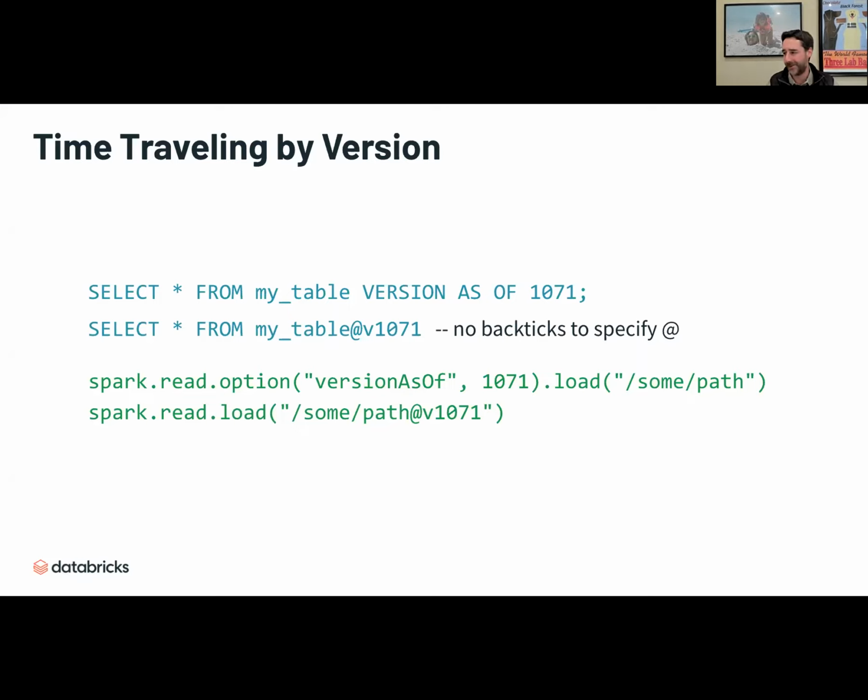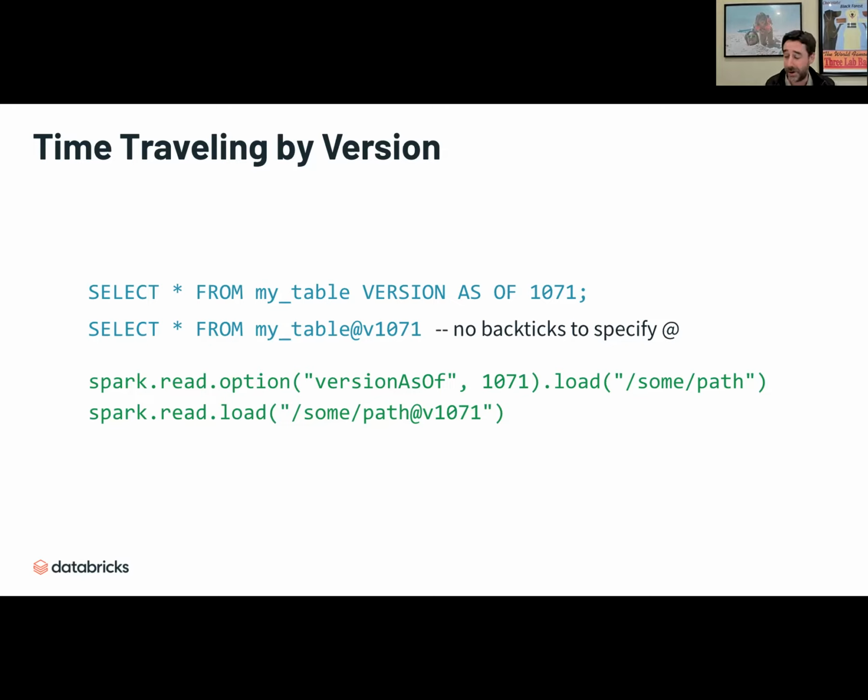What time travel is, is that all of those versions are specific, and there is a specific historical table associated with each one of those versions, and each of those specific tables has metadata that describes the schema, to your point.